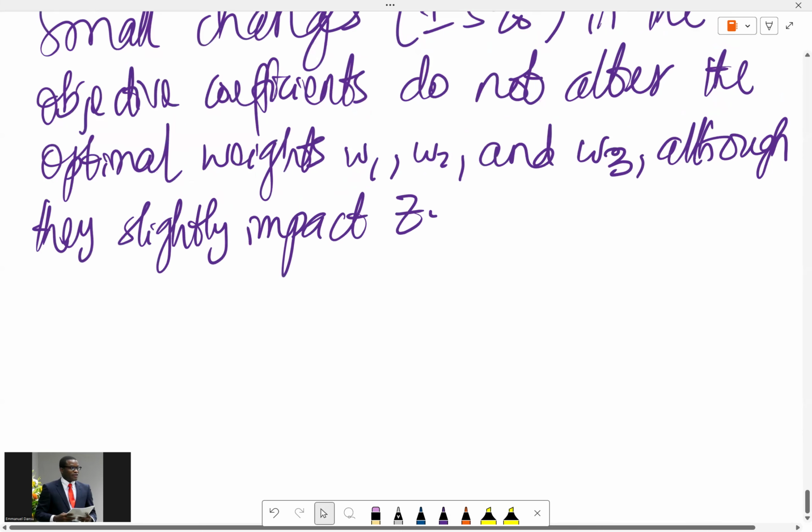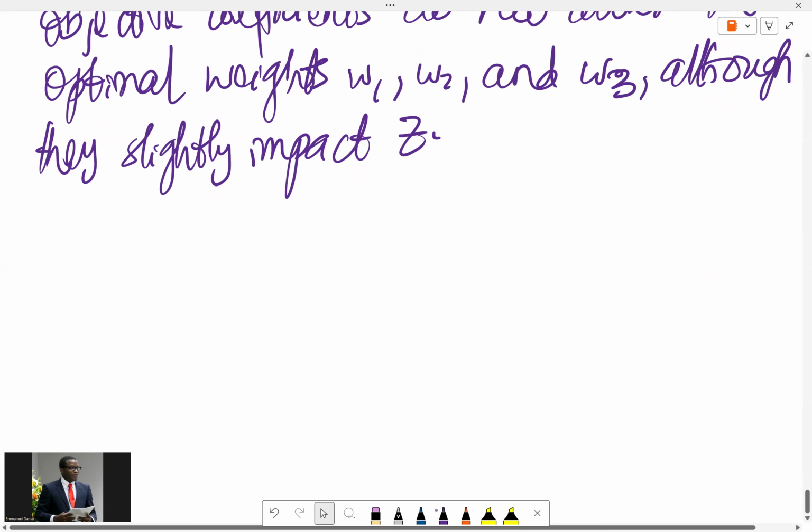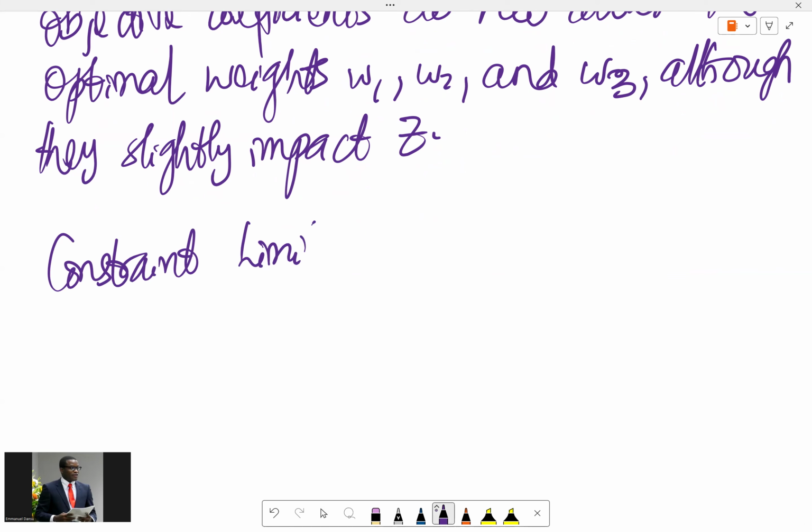So we've talked about objective coefficient changes. How about constraint limit changes?